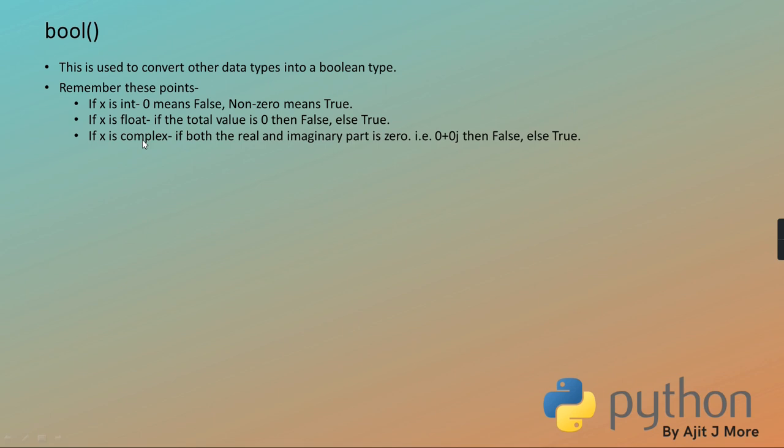If it is complex, and the real part and the imaginary part both are 0, then false, otherwise true. And string, if it is empty, it is false, in all other situations it is true. Clear? Okay. But first of all, just see to it that you can convert all the other values to Boolean.